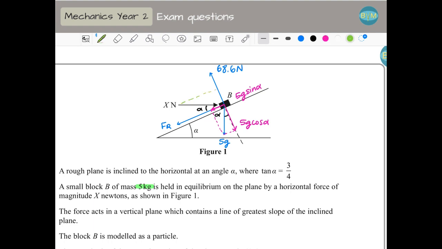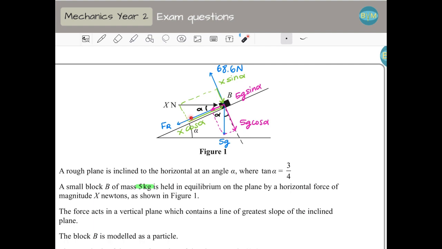So I have one perpendicular to the slope pointing against the block, which is x sine alpha, and one parallel to the slope and pointing up, because this one is pointing up, which is x cos alpha. So those are all the forces that you have, and the pink ones are the components of the weight and the green ones are the components of x.